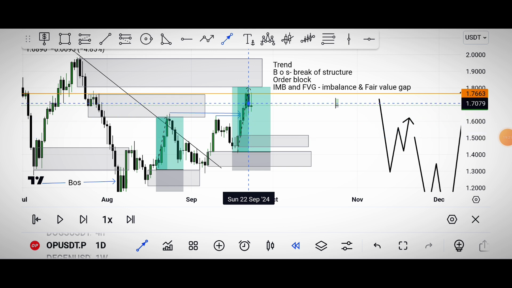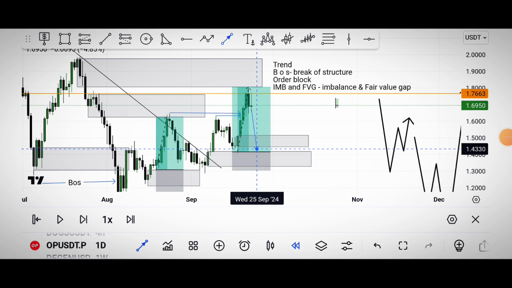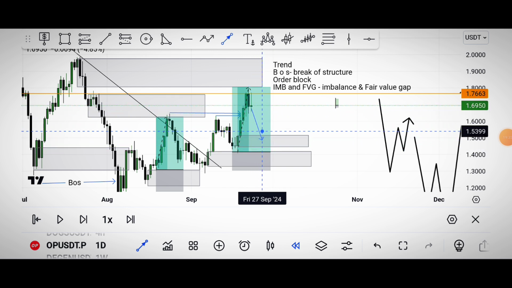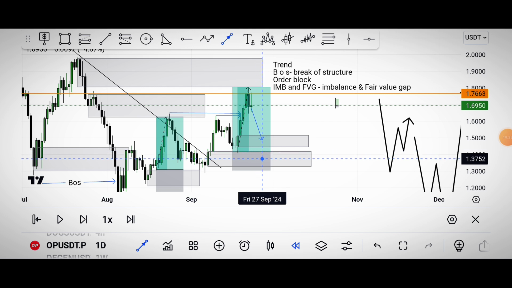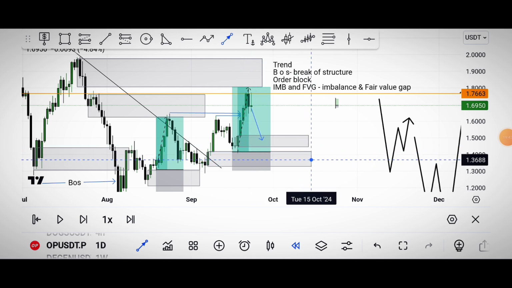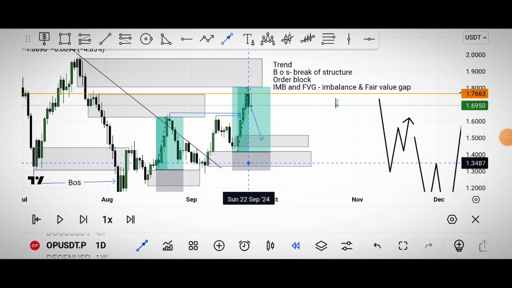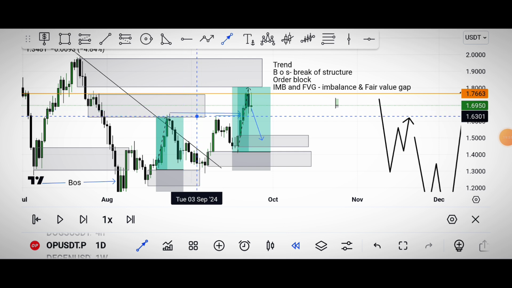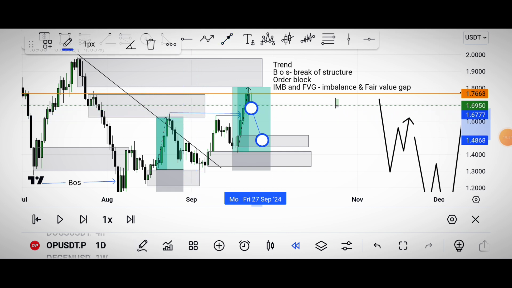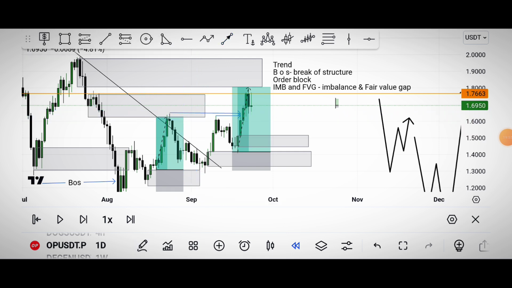Though I know that the price will tap into this zone and it will reverse. It's likely to reverse at this zone. But on the other hand, if there are just minor manipulation, it might tap into this zone. But why I don't think it's going to tap into this zone is because this zone has already been respected by this zone, even though this break of structure wasn't broken by this. So let's see what actually happens next.